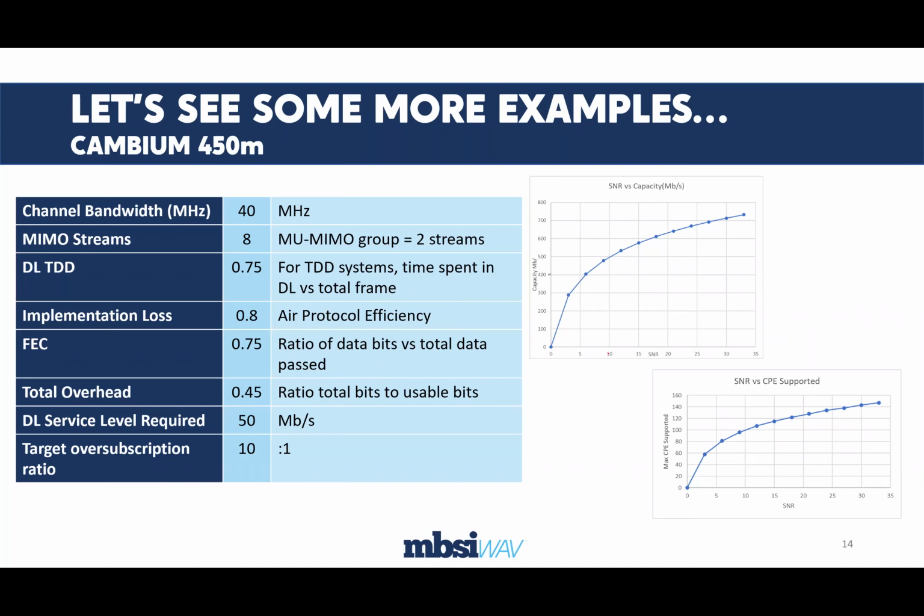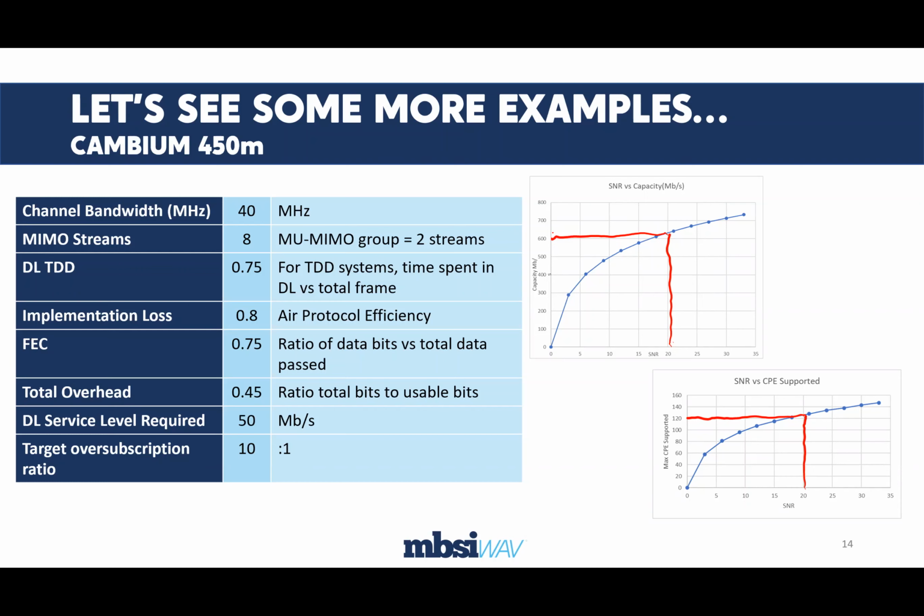All right. So now at 20 dB SNR, I am just slightly north of 600 megabits possible on this system. And at that 600 megabits possible on that system, I can support about 120 or a little bit more CPE. All right, so there's my CPE value, and there's my approximate value of the data that I can put over the air.